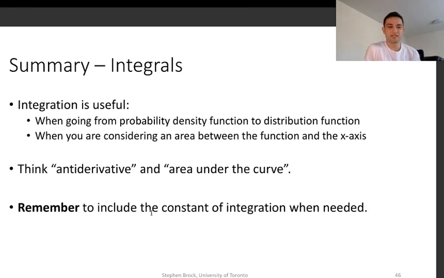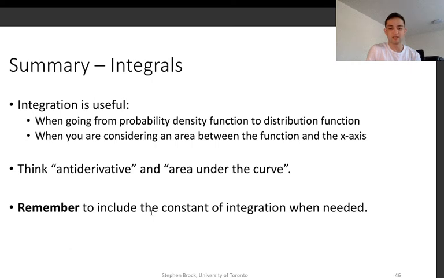All right, now moving on to the summary for integrals. Integration is useful when going from probability density function to distribution function, and when you are considering an area between the function and the x-axis. It really helps you calculate probabilities. When you think integral, I want you to think antiderivative and area under the curve.